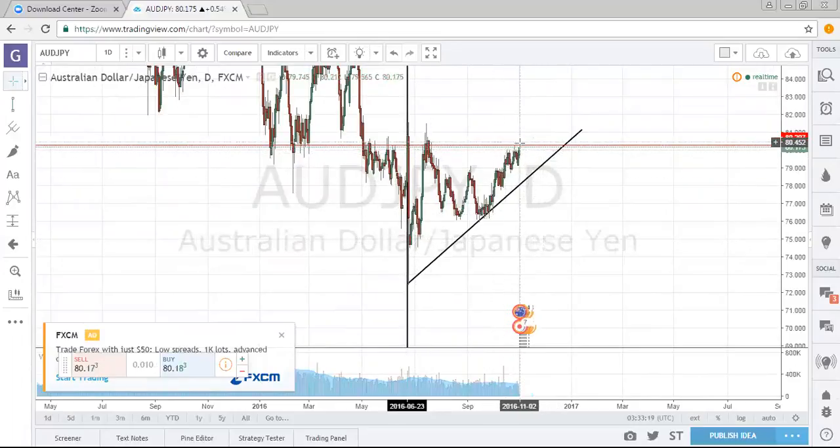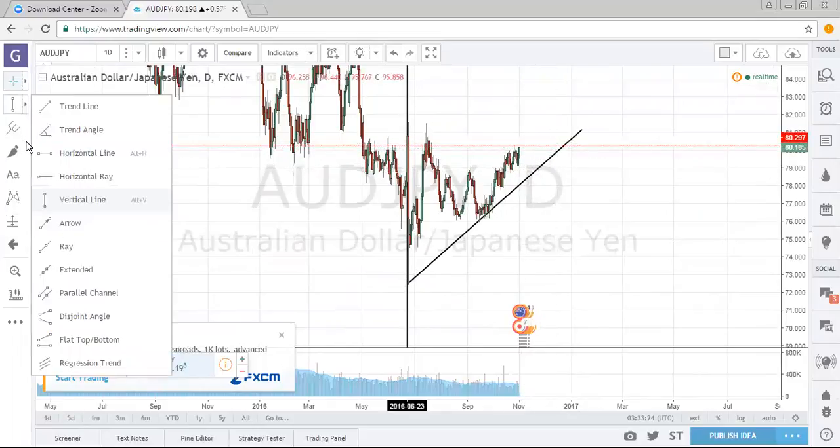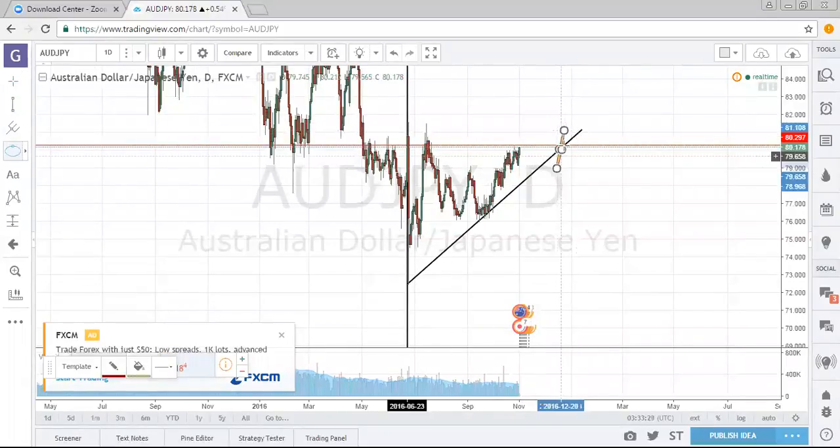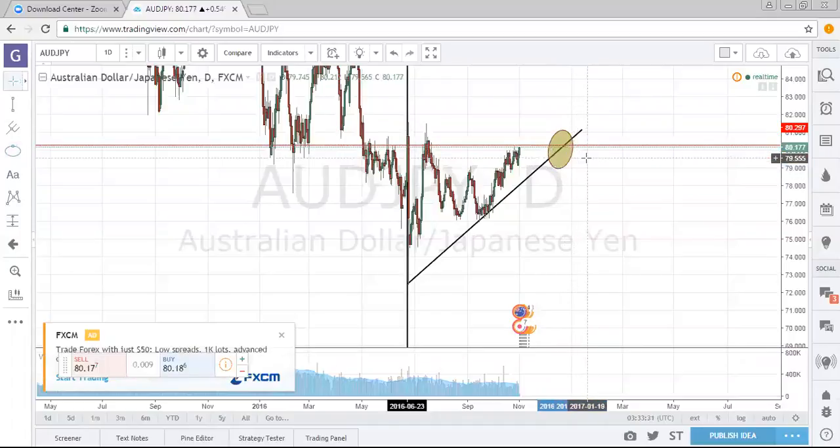But what it's going to do is respect, respect, respect, and then what we call this zone is a breakout zone right here. It's gonna boom, respect, respect, respect, and then once it closes price, we'll have to make a decision.